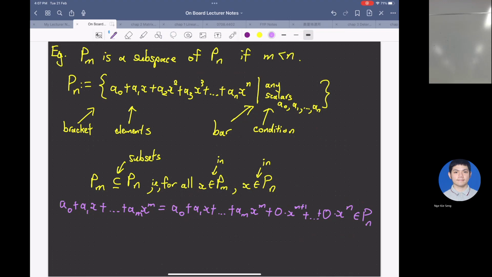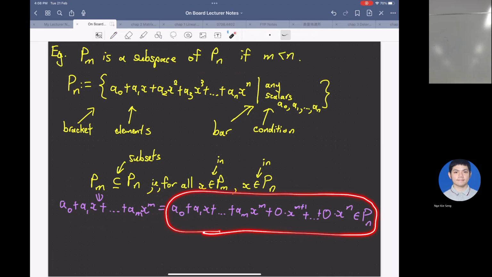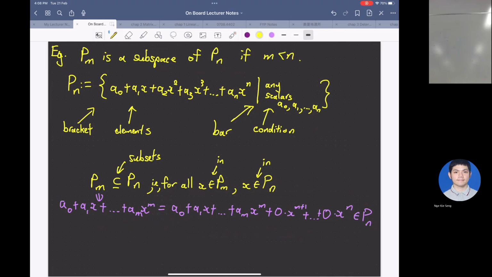Can you get it? Anyone get it? Okay, I see someone. Anyone not getting it? So you need to write the element in Pm in some form such that it is in the form of Pn. Any question? If not, I have to go forward.